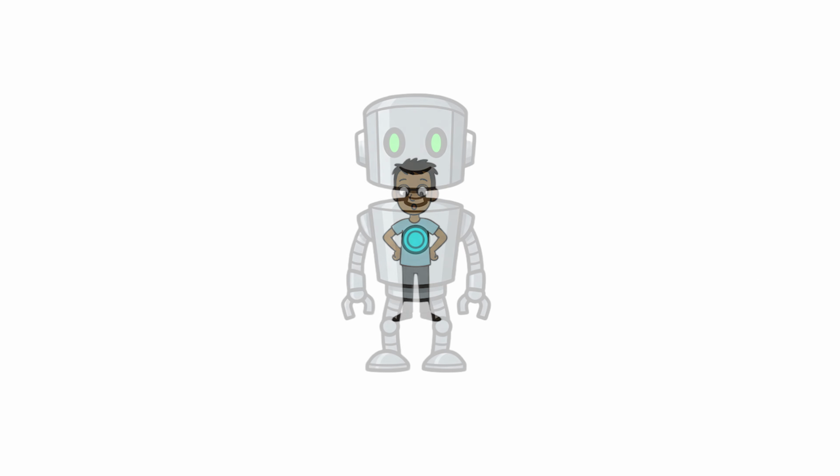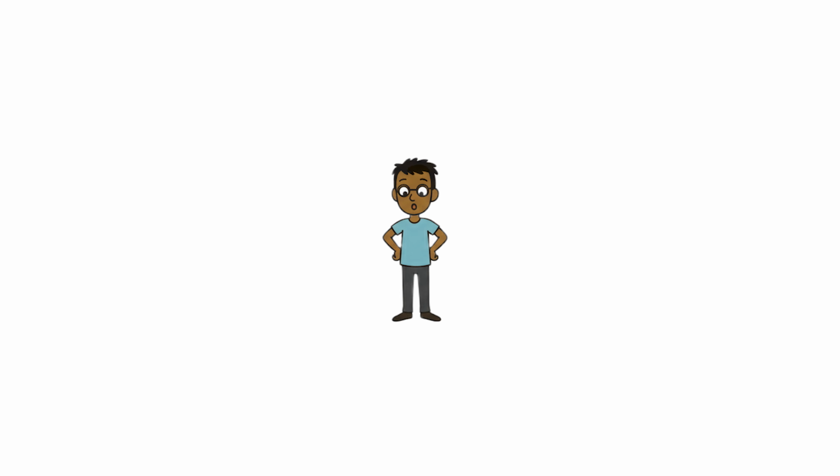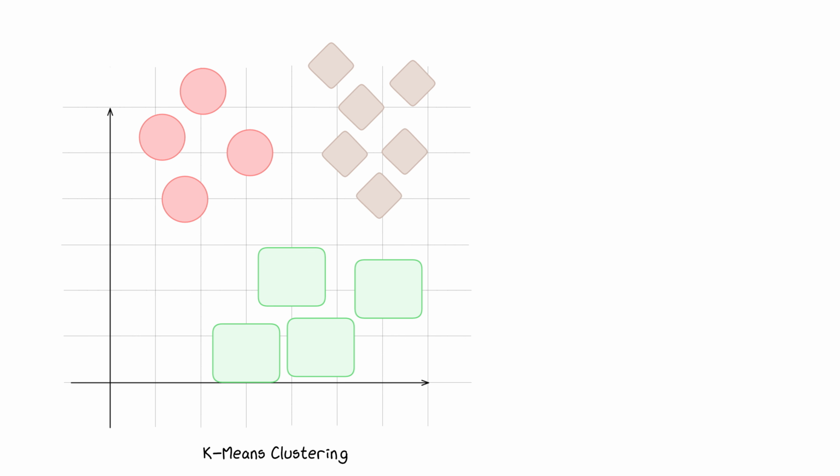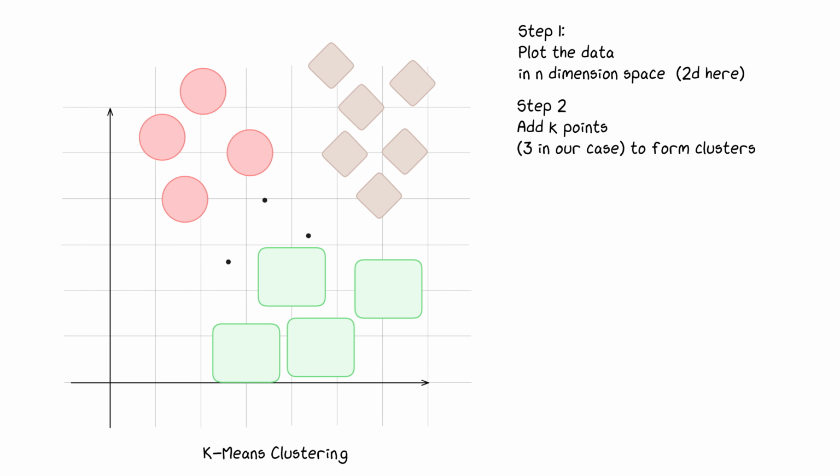Let's move on to the math behind it. So, how does the robot find these hidden patterns? We use something called clustering. Again, let's plot it on the xy axis. Now we can put three data points. Three is arbitrary. You can put as many clusters as you want, but we know that we have three kinds of pills, so we put 3 points.